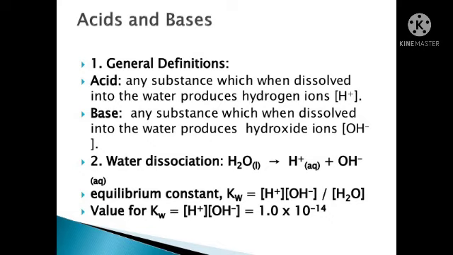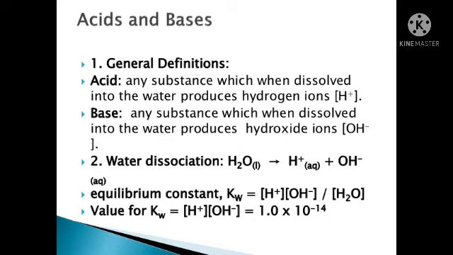First of all, we will learn about the general definitions of acid and base. Acid: any substance which, when dissolved in water, produces hydrogen ions, that is the H plus ions. Base: any substance which, when dissolved in water, produces hydroxide ions, OH minus ions.